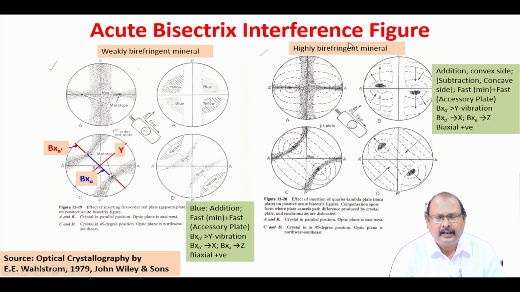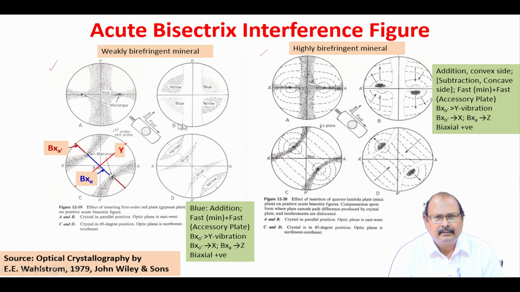Whereas in a highly birefringent mineral, you will have isochromatic bands or rings, which will be symmetrically disposed with respect to these two melatope positions. Now, for a weakly birefringent mineral, the preferred accessory plate is the gypsum plate, whereas for a highly birefringent mineral, the preferred accessory plate is the quarter lambda plate or mica plate.